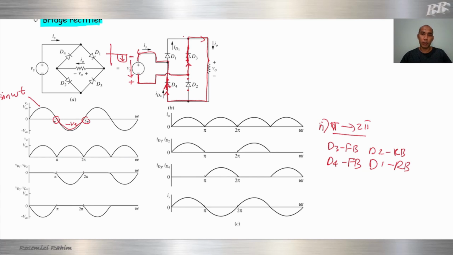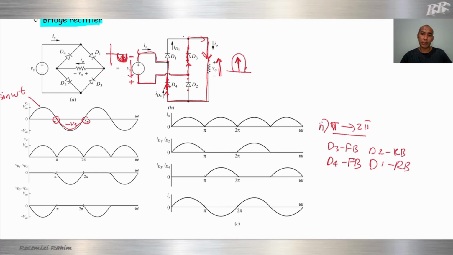Okay, now we check the waveform. Current goes down, so the waveform will be opposite, like this. Current goes down, waveform goes up, the polarity of the waveform. It becomes a positive cycle. You can see here our input is the negative cycle, and then the output will be the positive cycle.